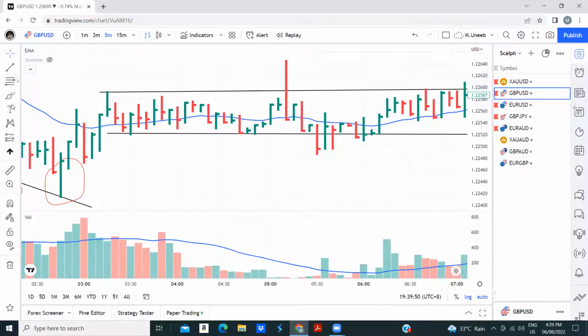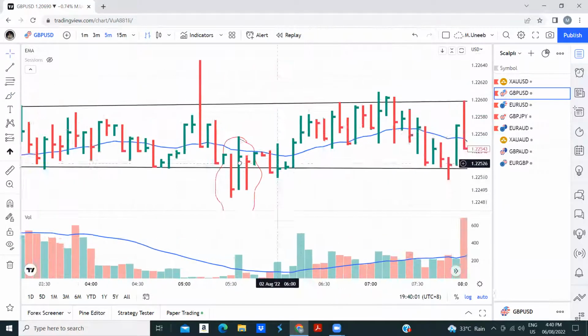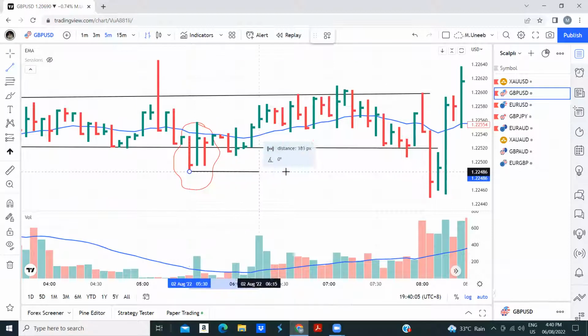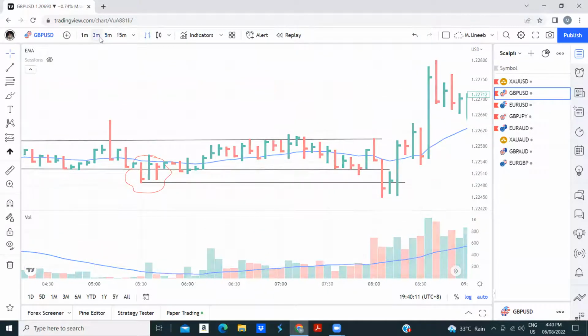Nothing to worry about. But from here, you see how the price is entering from here. What do we have? Spring-like structure. Am I right? Spring. And then from here, you can make another line and extend it. All right. And now we go to the 3-minute time frame.